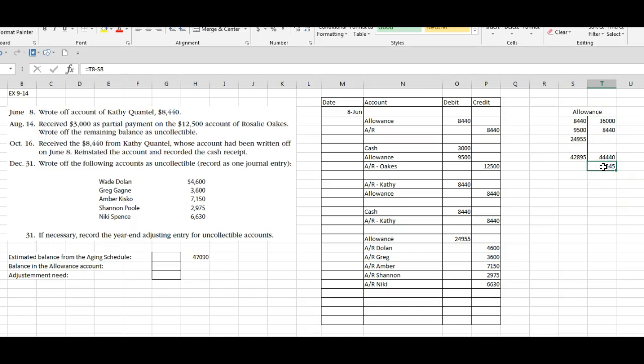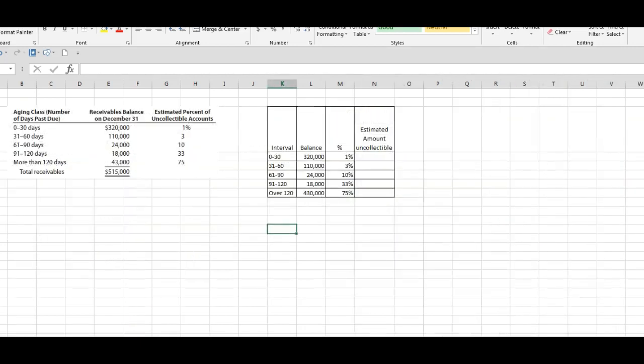And now they say we need to do an adjusting entry for uncollectible accounts. Well, we have to figure that. So we have to come down and go to the next part that they give us and do the estimation. So this times this equals, and they told me I had one too many zeros on that.